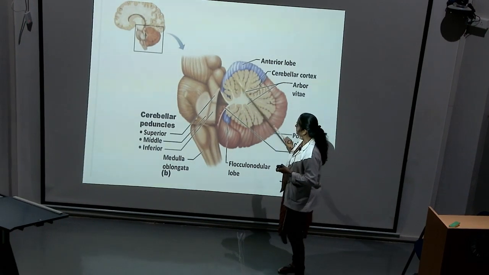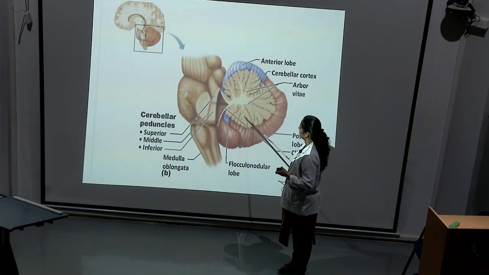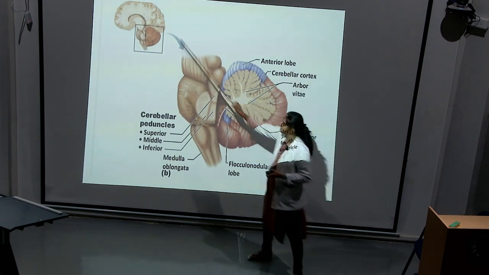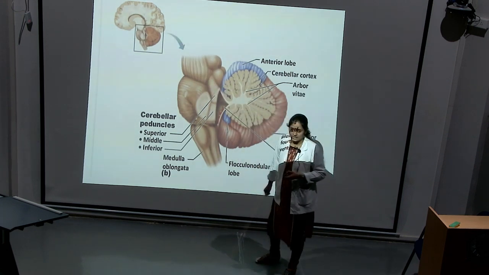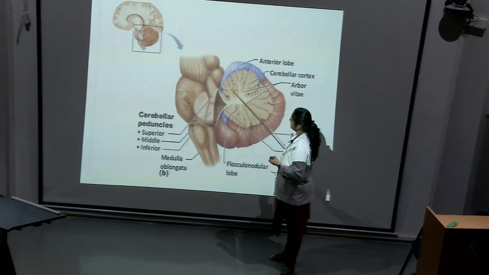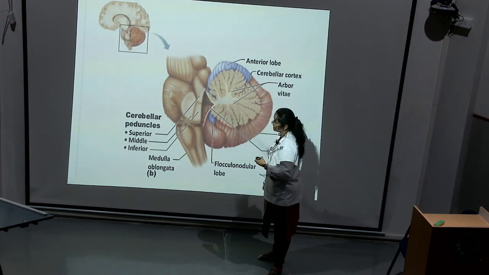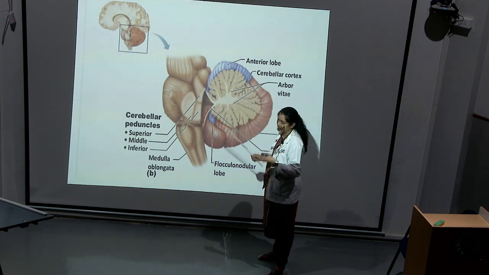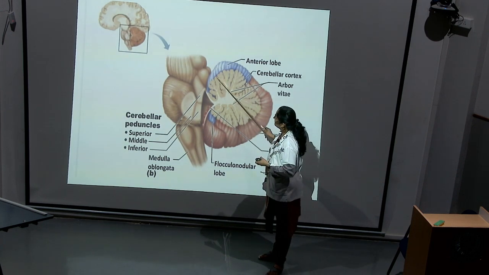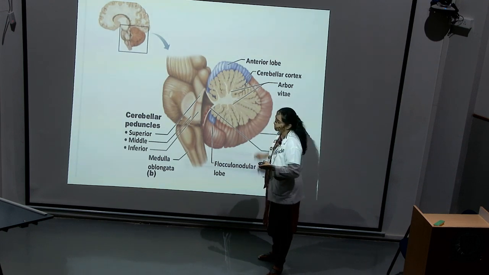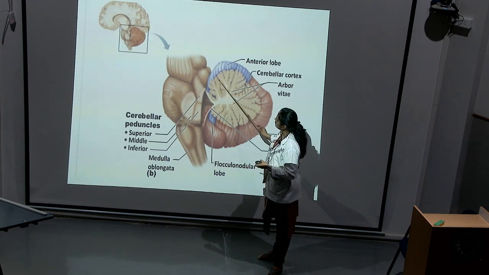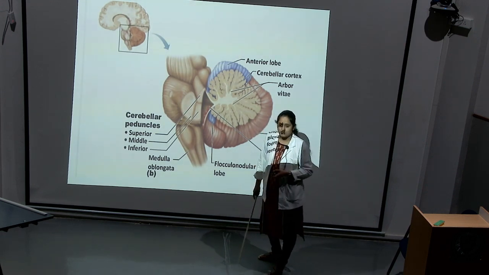In the picture you can see here, the outer gray matter is thrown into folds, just like how you see the sulci and gyri in the cerebrum. But in comparison, unlike the thick sulci in the cerebrum, you have very fine sulci here, which are called fissures, and the gray matter separating the two fissures is called the folia.